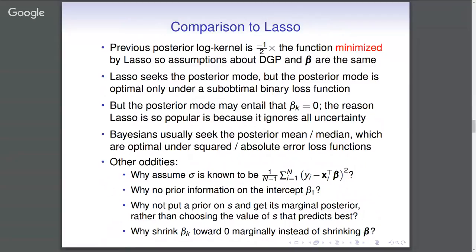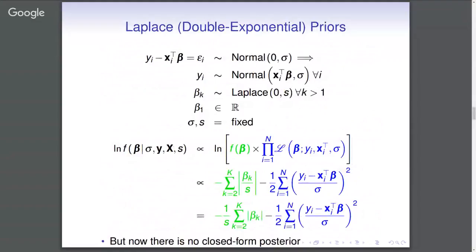There are some other oddities about this. Why assume sigma is known? Bayesians typically wouldn't do that. Why is there no prior information about the intercept? You could have that if you want. Why not put some prior on S, which is what the lasso engineers call the shrinkage parameter?